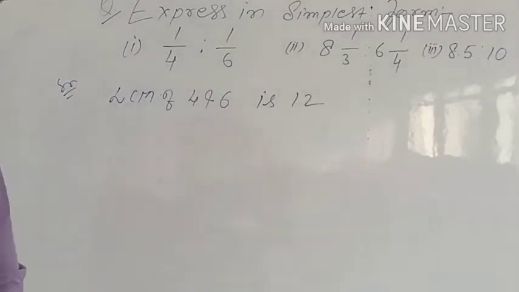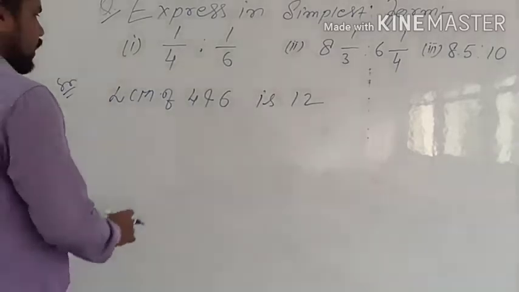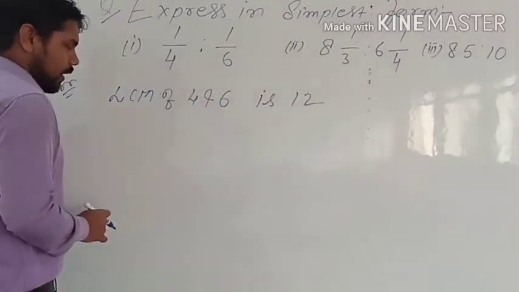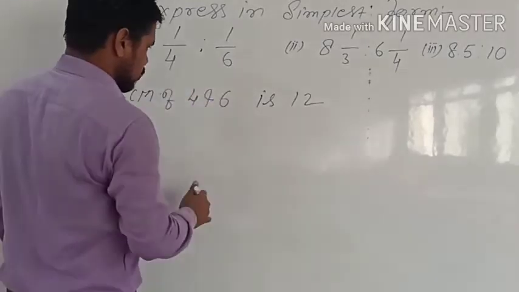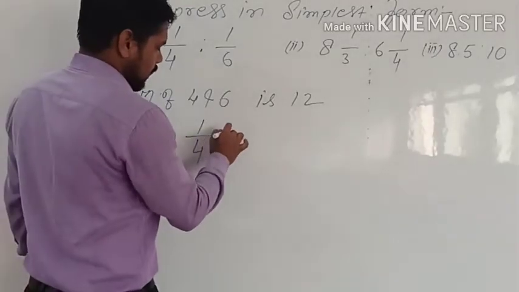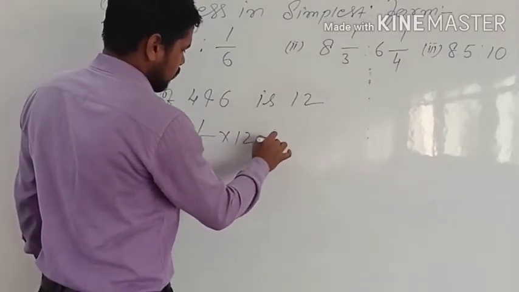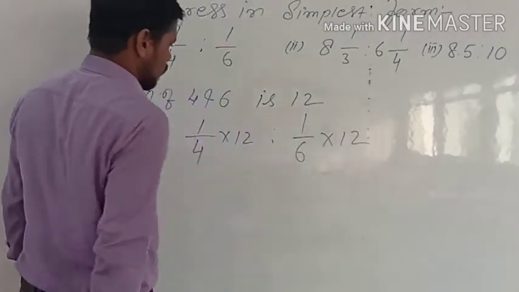So if the LCM is 12, now what we have to do is, instead of dividing, here we will multiply. Okay, so we will multiply this also and this also. So 1 by 4 multiplied by 12 and 1 by 6 multiplied by 12.